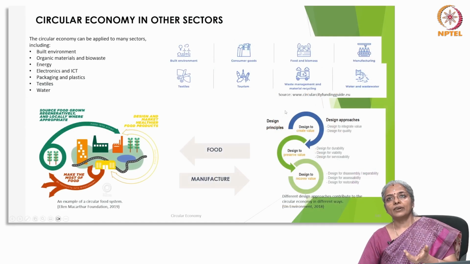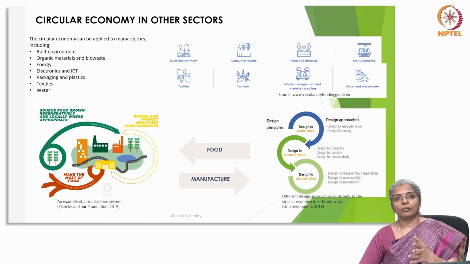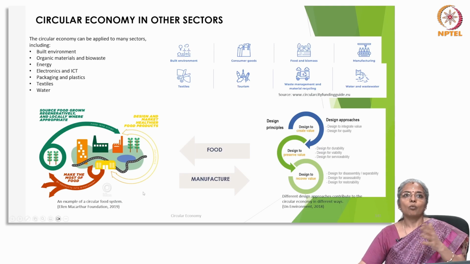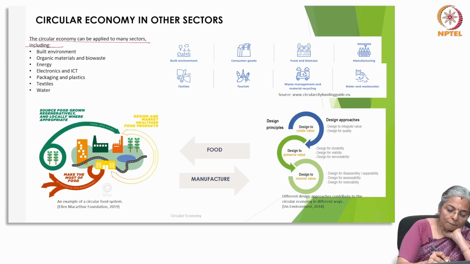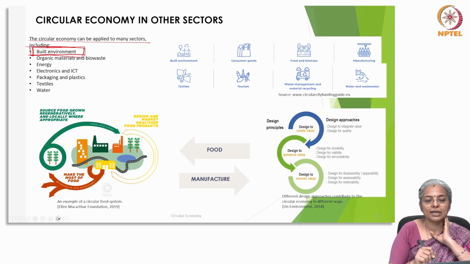Now, if we look at circular economy in other sectors, what are the options? Circular economy can be applied to many sectors. The built environment is of most importance to us, and therefore I focused this class on it.